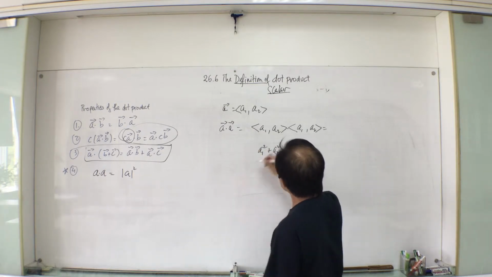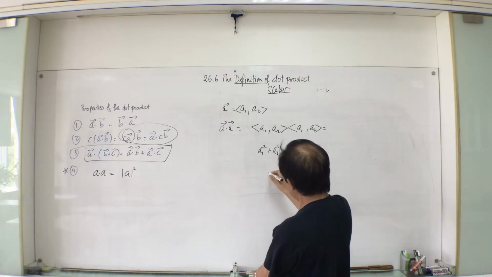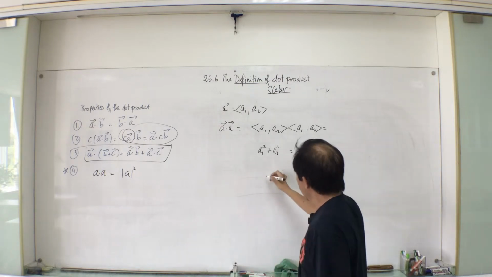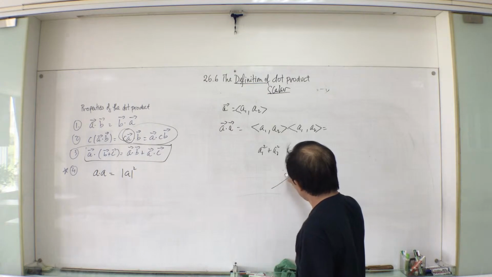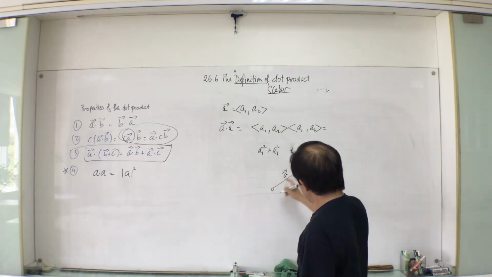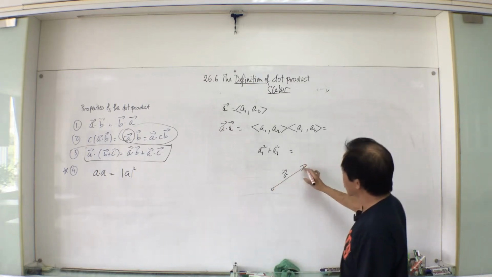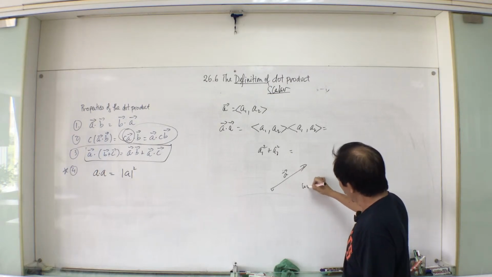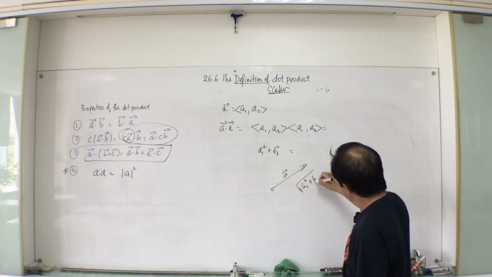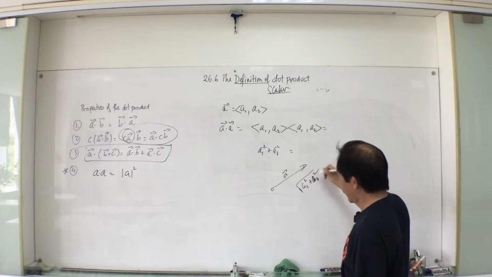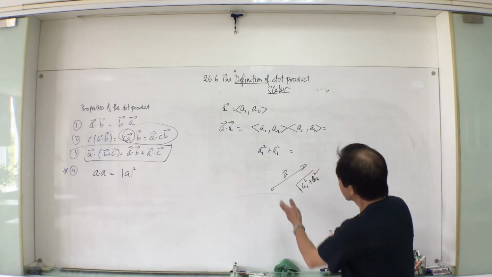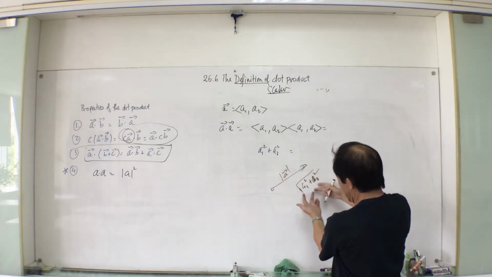Now, what does this mean? So remember, if you have the vector A here, the length of the vector has to be the root of A1 square plus A2 square, right? You have two components here. So the absolute of vector A equal this.